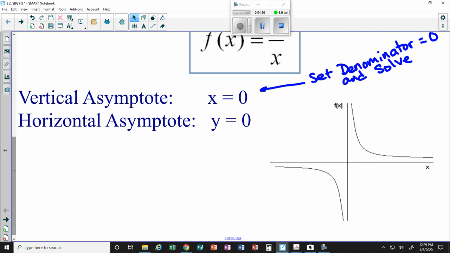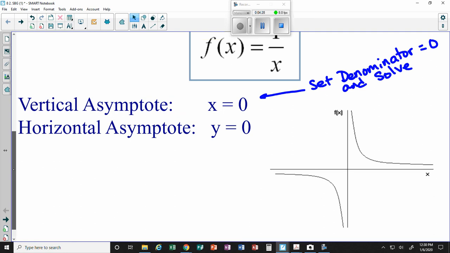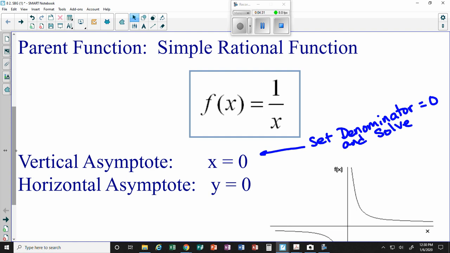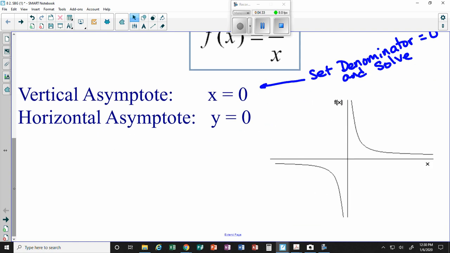For the ones we're doing right now, they're not going to cross. So this is the parent function. It's got a vertical asymptote at x equals 0 and a horizontal asymptote at y equals 0. It's like this.